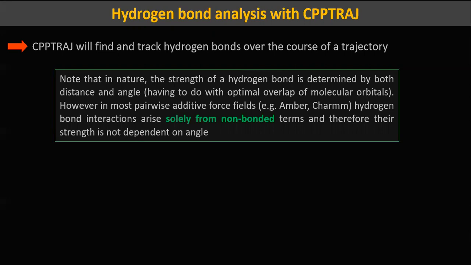Sometimes the protein dynamics would be increased due to breaking some of these hydrogen bonds. So you need to calculate the hydrogen bond pattern, because hydrogen bonds play a very important role in the dynamics of the protein and interaction between the residues.